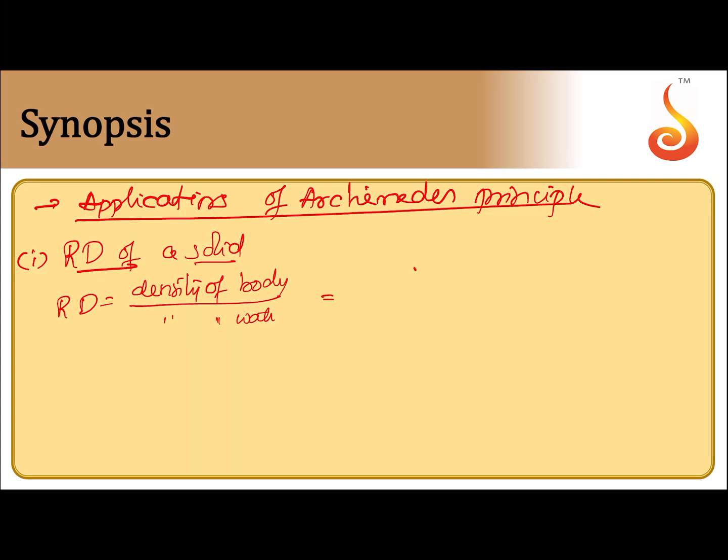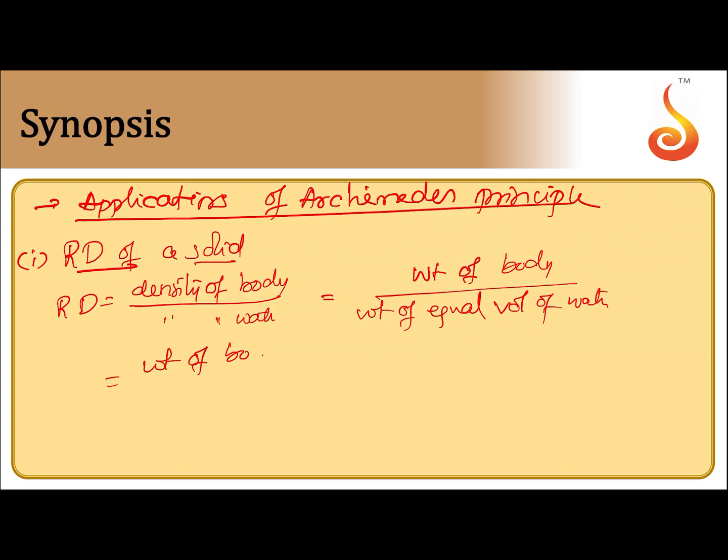So I am going to write this as the weight of the body divided by the weight of an equal volume of water. Further simplification: the weight of an equal volume of water is nothing but the upthrust.